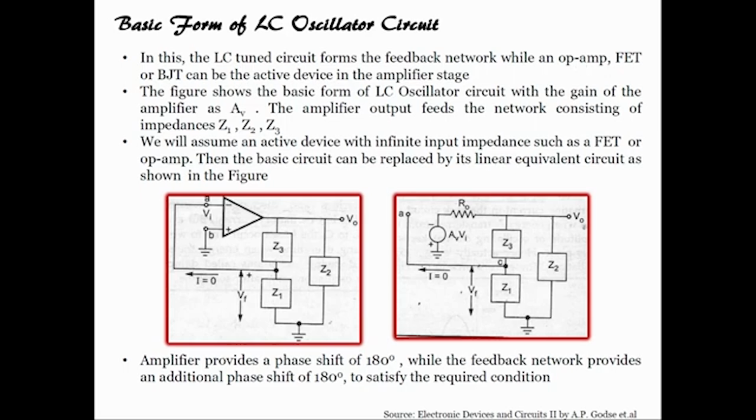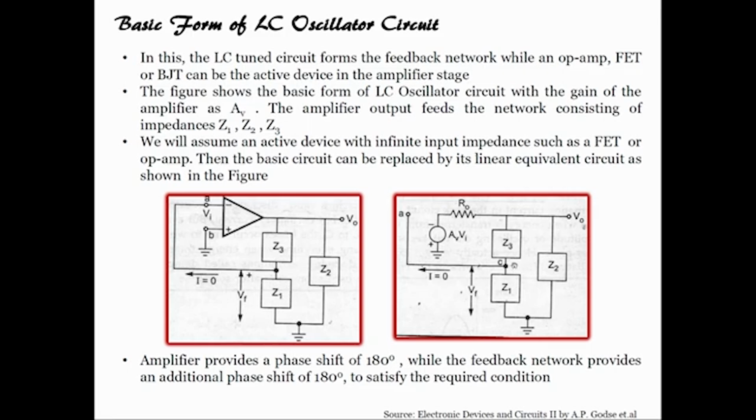The figure shows, on the left side, the form of an LC oscillator with amplifier gain AV. The amplifier output feeds the network consisting of impedances Z1, Z2 and Z3. We will assume an active device with infinite input impedance, such as a FET or op amp, so the basic circuit can be replaced by a linear equivalent circuit. If I want to replace this by a linear equivalent circuit, I can draw it like this.